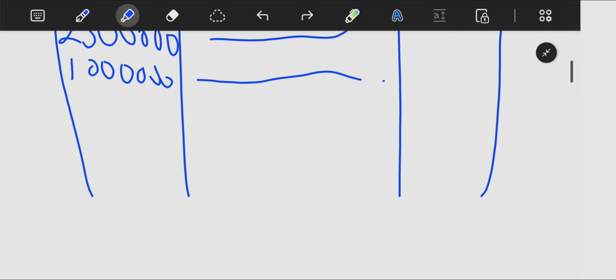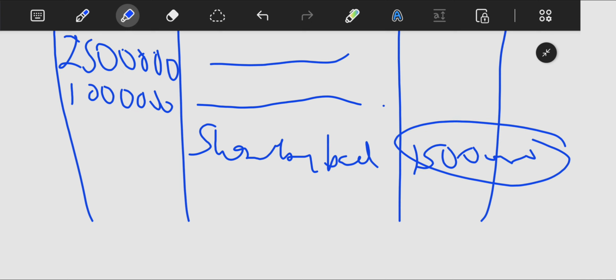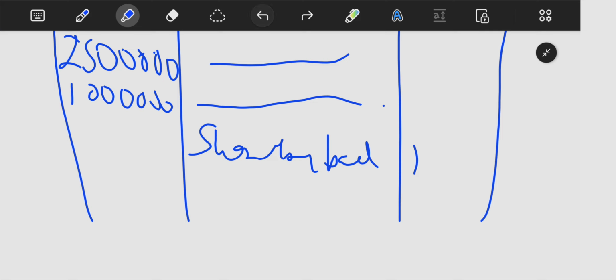But for now, let's just write here that we had a share buyback. And we cannot disclose the 1.5 million here because we are not sure if there is a portion that need to go to our retained income note. You know that. I'm not going to be talking about that now.